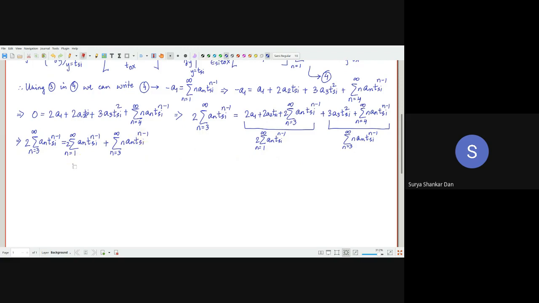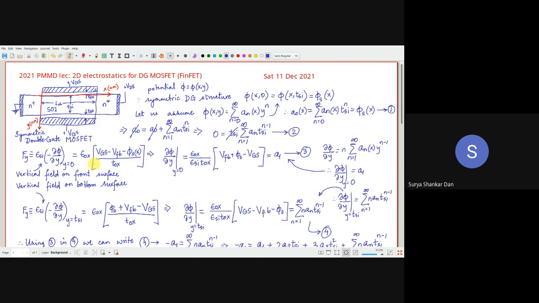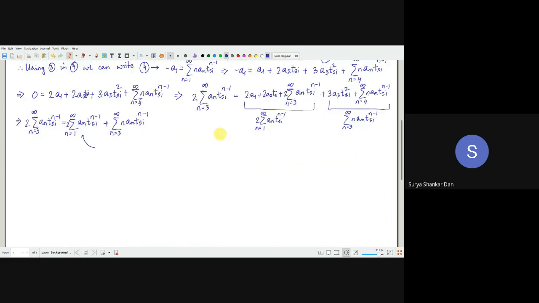Now comes the magic. In equation number 2, what did we get? Summation n equal to 1 to infinity a_n tsi to the power of n minus 1 is equal to 0.